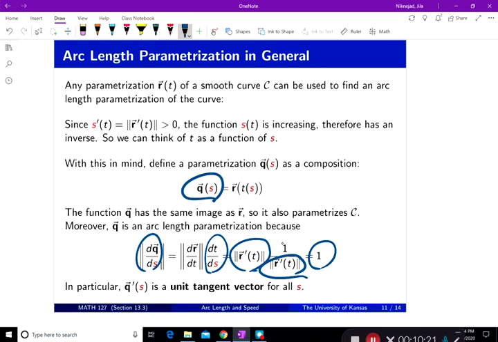We discussed this before, but we are basically saying the speed of this parametrization is going to be 1. That also means that q prime of s is a unit tangent vector for all values of s.